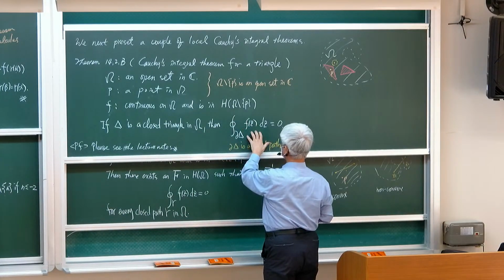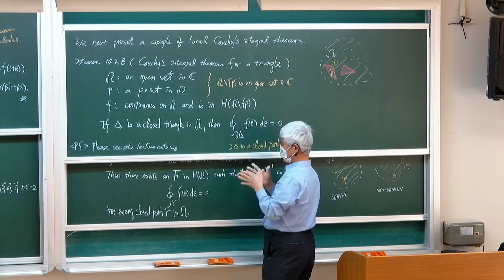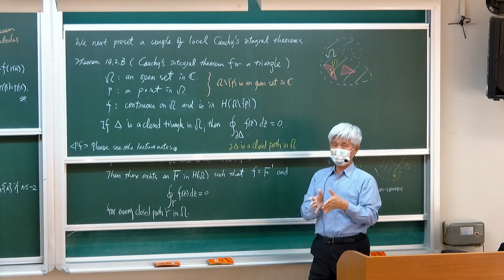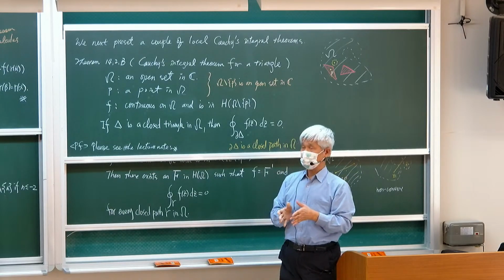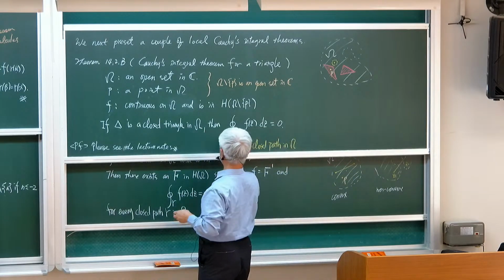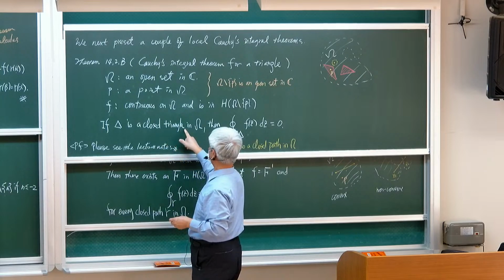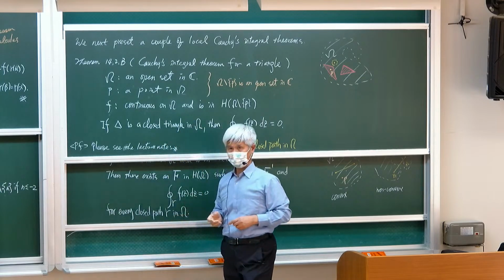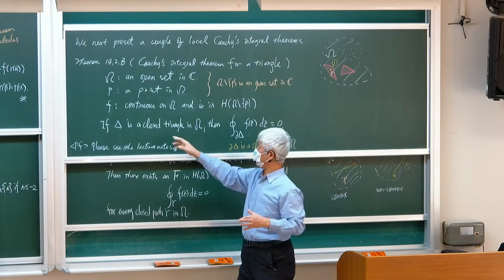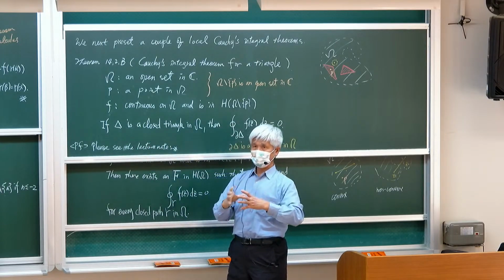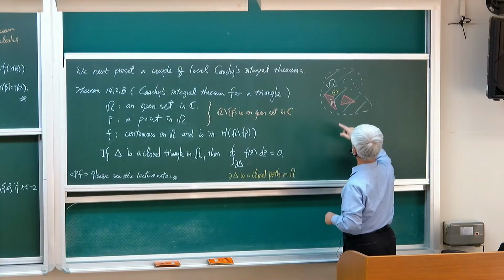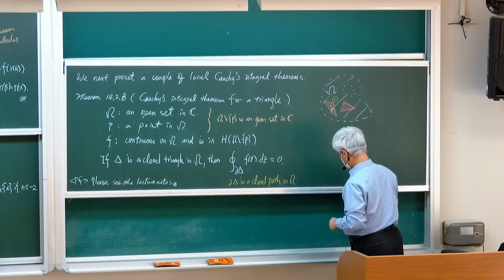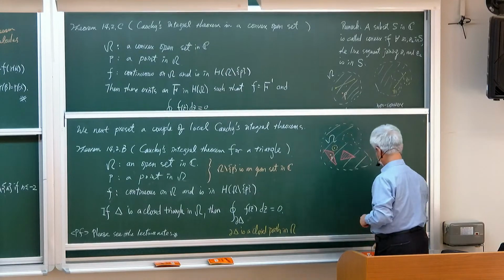In this line integral, the path considered is restricted, which is just the boundary of a closed triangle in omega. So the whole triangle should be in omega here.